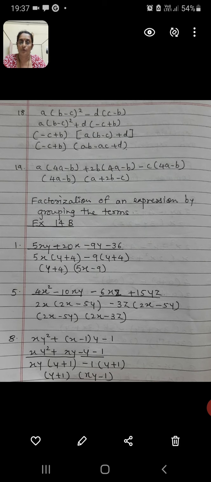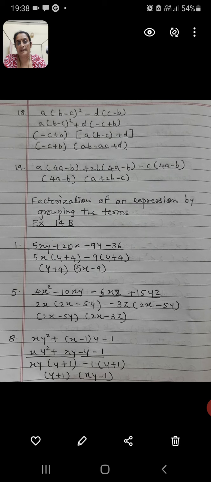Now we got 4 terms. We'll divide them into two groups. The first group, xy square and plus xy. So what is common between them? HCF of these two terms is xy, and what will remain? y plus 1. In the second group, nothing is common, but we can take minus 1 because we want the same bracket y plus 1 as the first one.